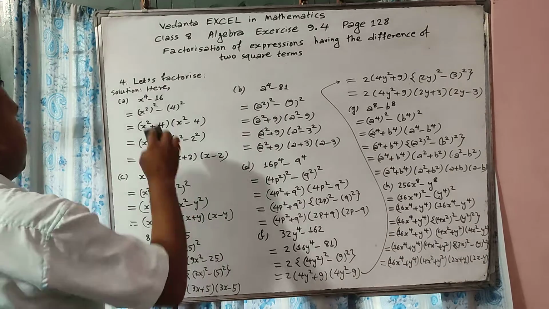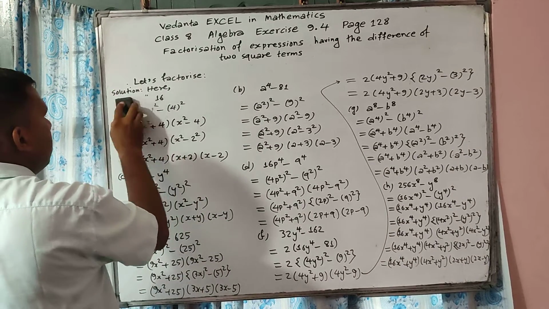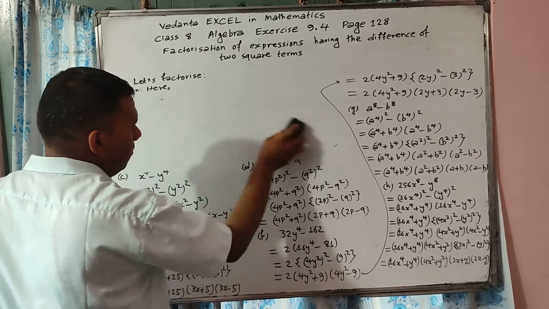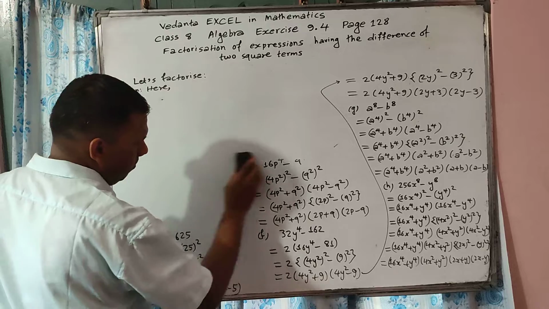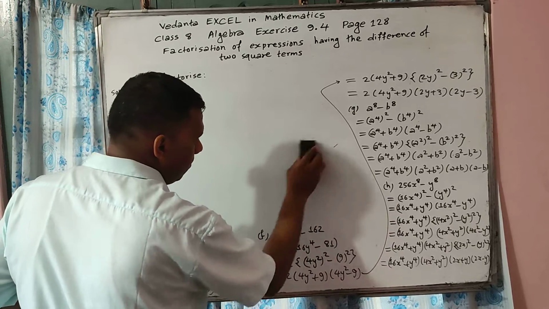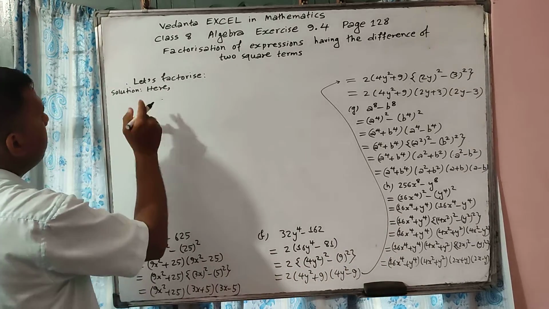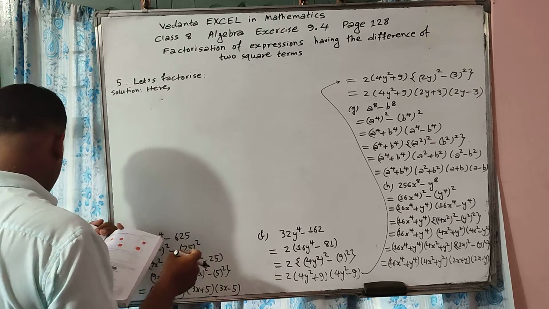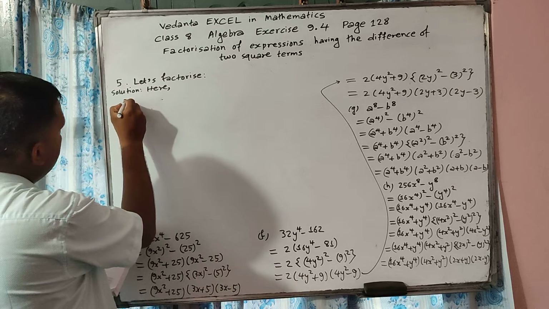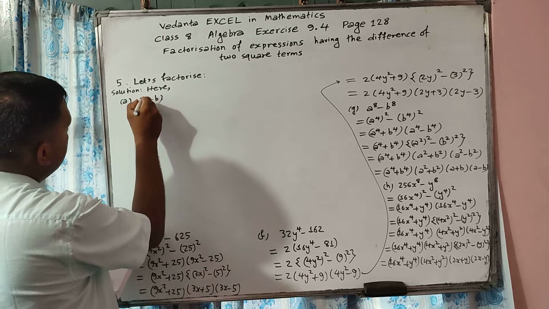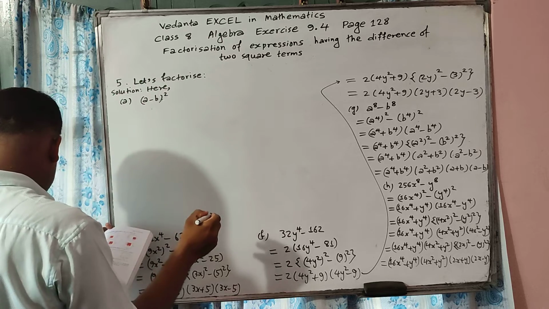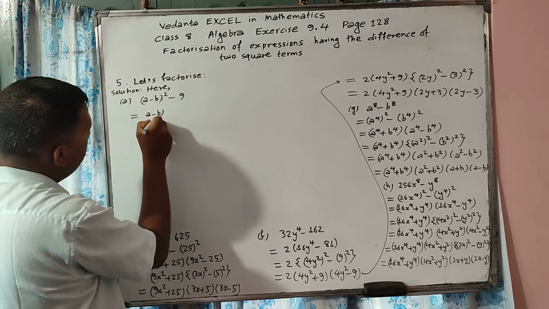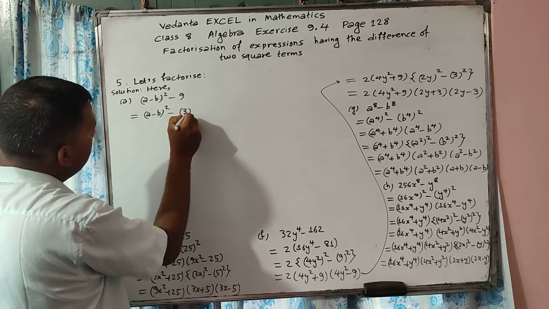Question number 5, let's factorize. On a, (a minus b) whole square minus 9 is equal to (a minus b) whole square minus 3 whole square.